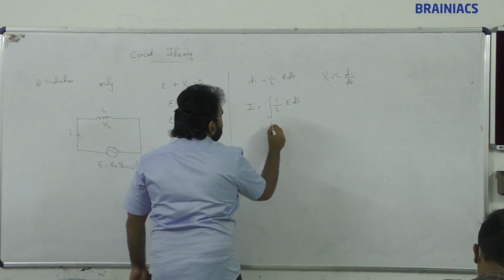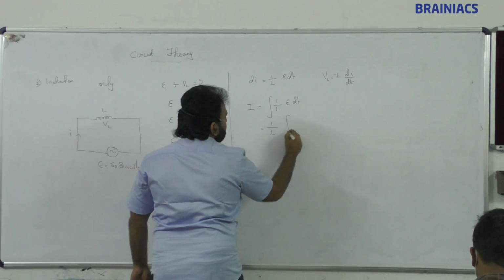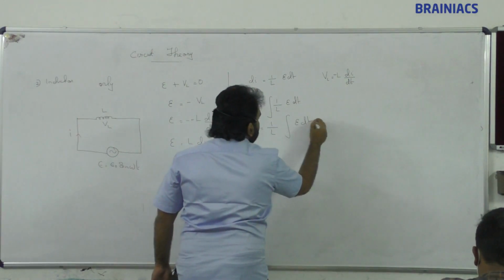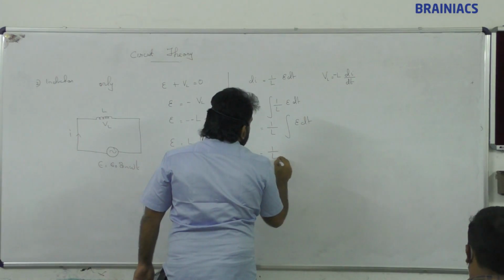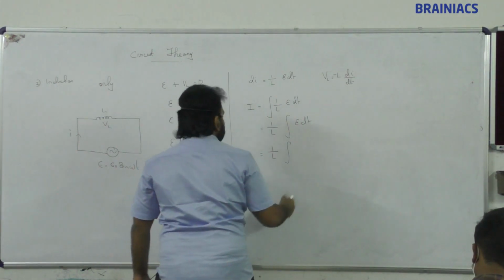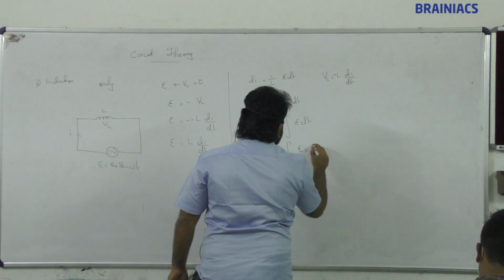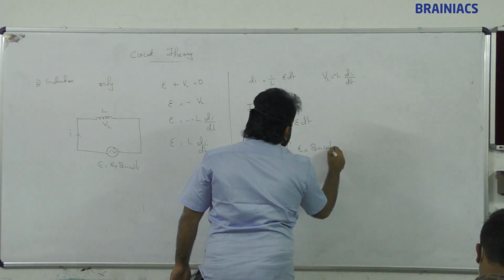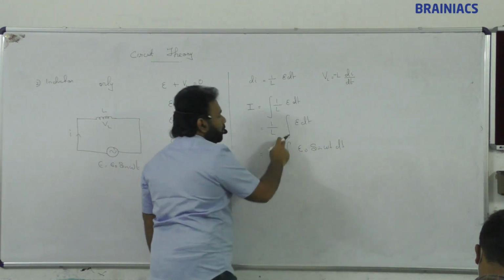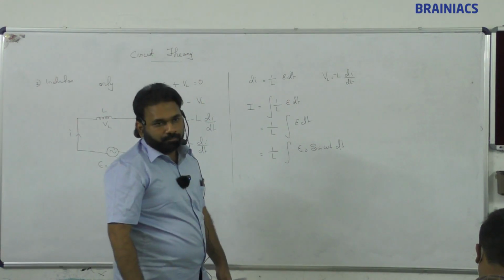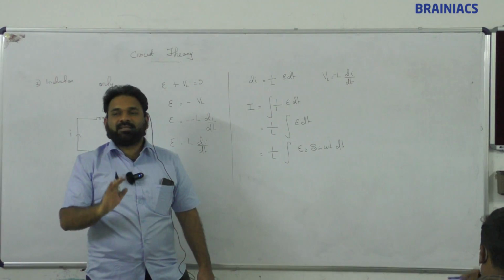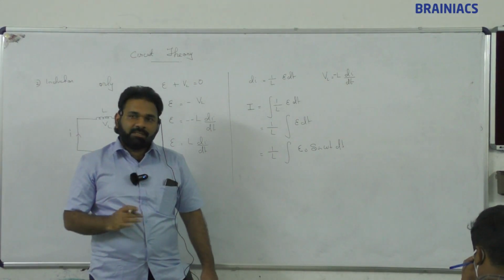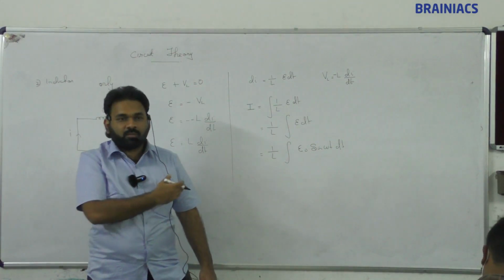Taking 1 by L outside, that is constant, I will be getting E dt. Now I substitute E naught sin omega t dt. I am not going to do it for a full cycle; I am going to find it at some instant only. Instantaneous value of current is what we are finding.